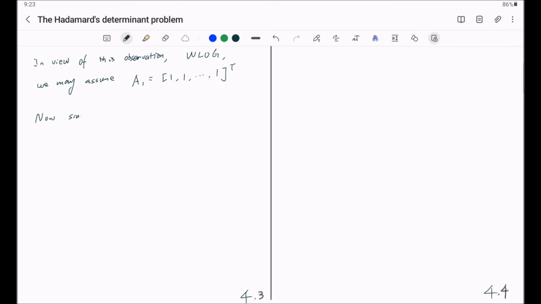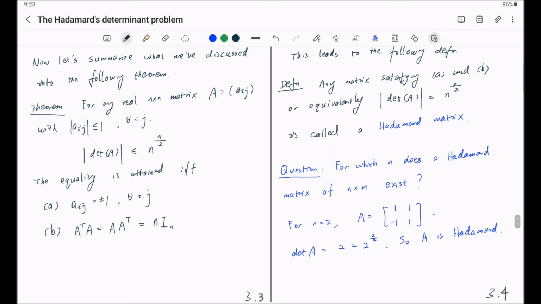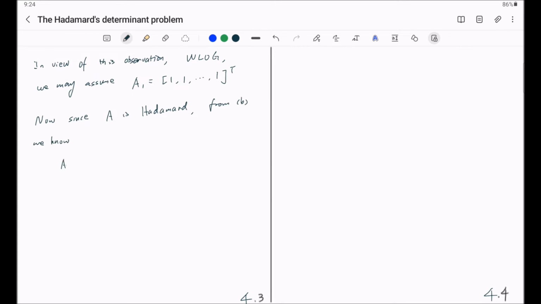Now, since A is Hadamard, we know from this property B that A1 transpose times A_i must be equal to 0 for any i greater than or equal to 2, less than or equal to n.